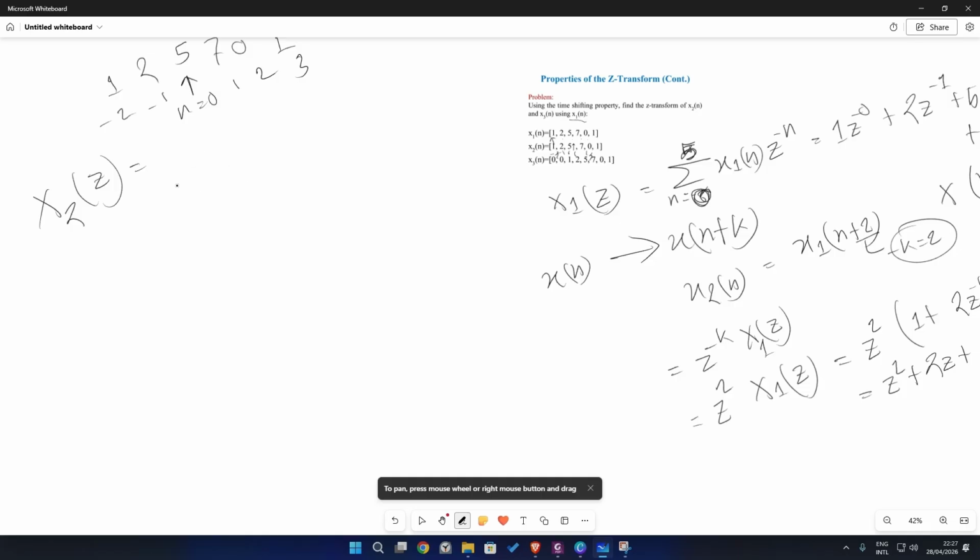If we put in the values here, at minus 2 the value is 1, z to the power minus minus 2, so z squared. Then 2z, then 5, then 7z minus 1, then 0, and lastly 1 z inverse 3.